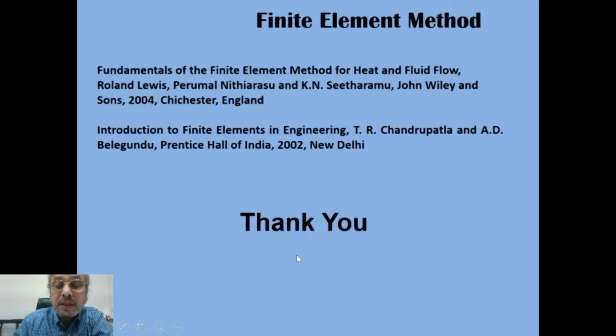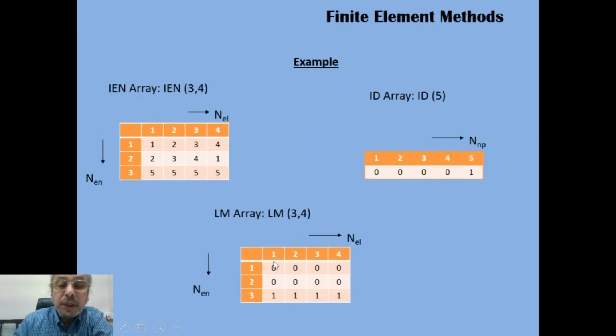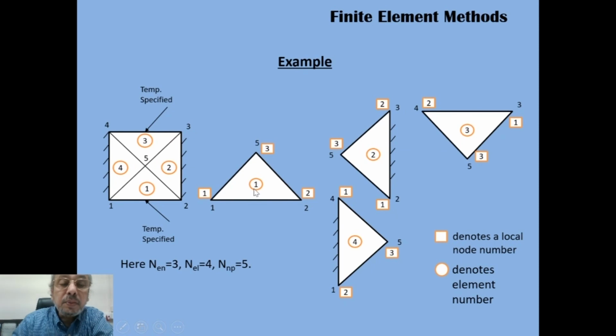So for all elements, first node, we don't need an equation. That means this element's local first node is falling here, we don't need an equation. Second element, local first node, that means point 2, we do not need an equation. Third element, 1 means global 3, we know it. Fourth element, 1 means global 4, known, we do not need an equation.